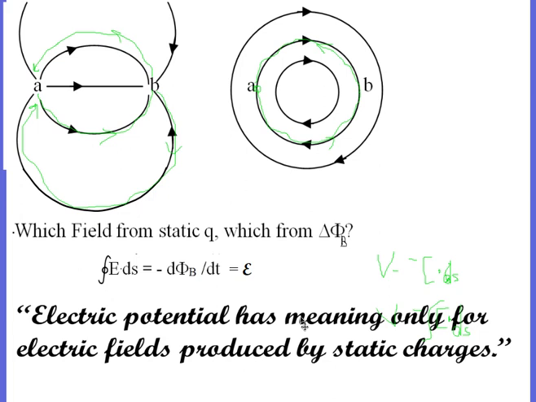We just say electric potential, that V, is only going to have meaning for electric fields produced by static charges. There's the answer to your question at the beginning. And for electric fields created by changing magnetic flux, we're going to say that electric potential has no meaning. Well, that's pretty disappointing.